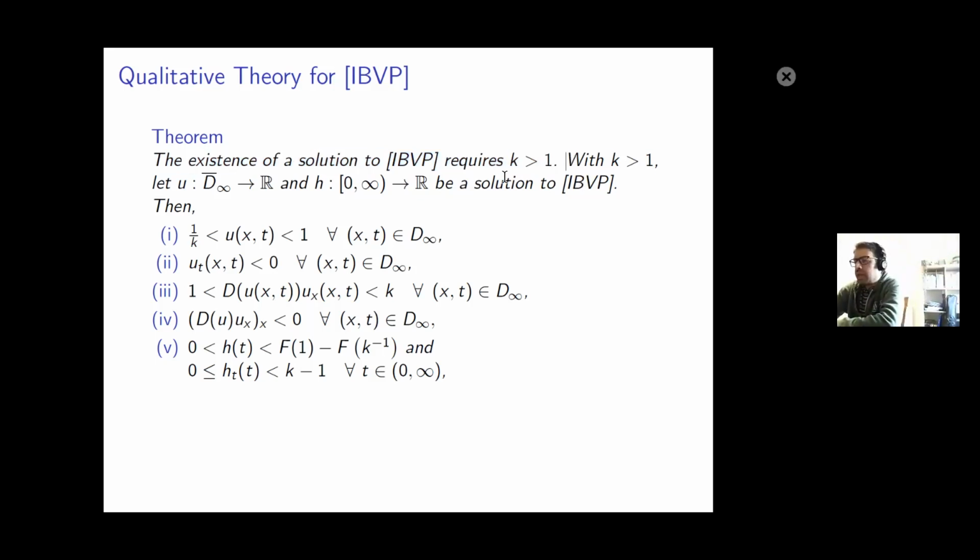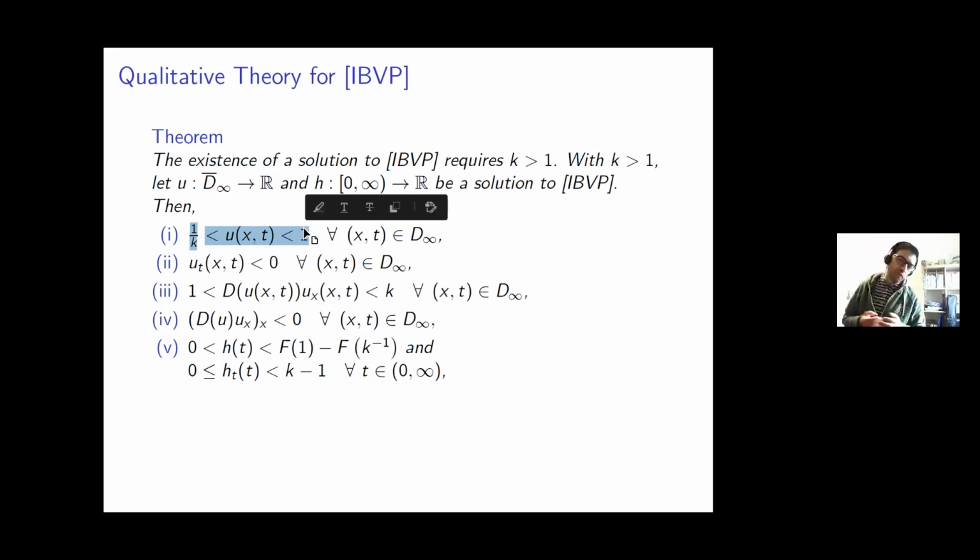Now, with k greater than 1, if U and H are solutions to our initial boundary value problem, that's not the steady state. This is the full problem now. Then we can say that U, our solution, is bounded between 1 over k and 1.